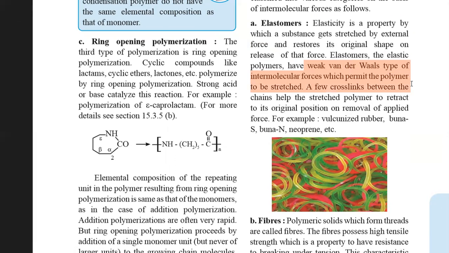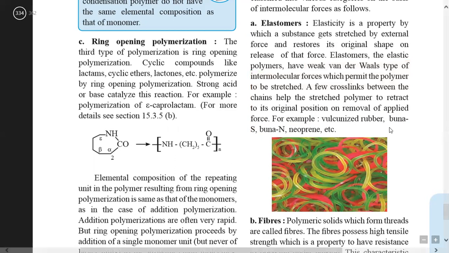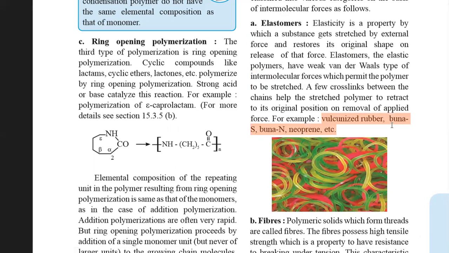A few crosslinks between the chains help the stretched polymer to retract to its original position on removal of the applied force. Examples of elastomers are vulcanized rubber, Buna S, Buna N, and neoprene.